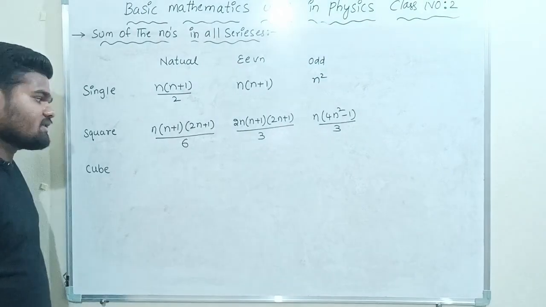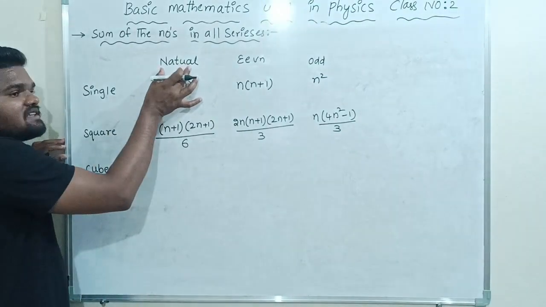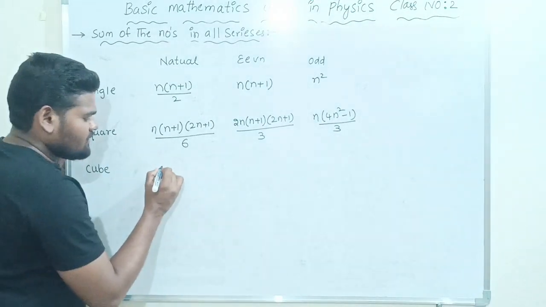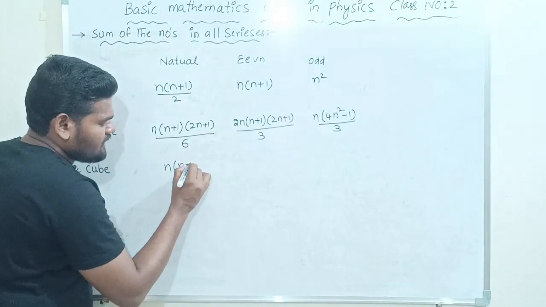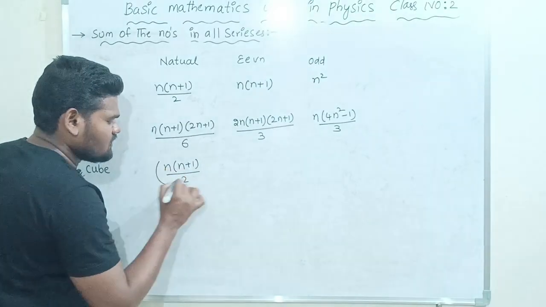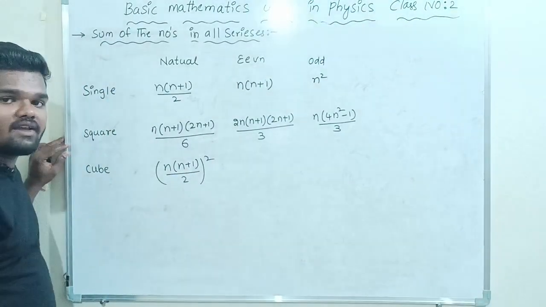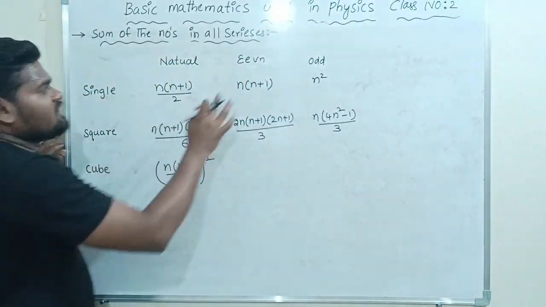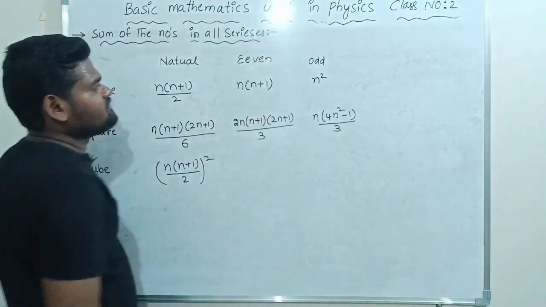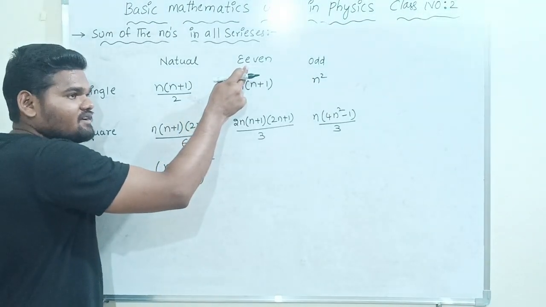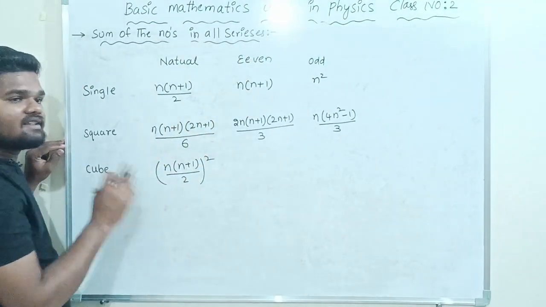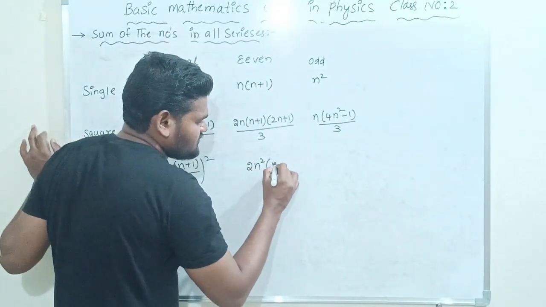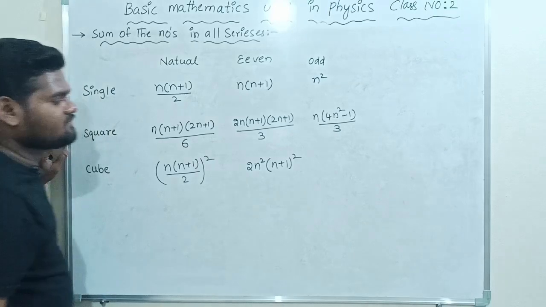Is it clear? Okay. If the numbers are natural and having the power cube, then their sum is given by n into n plus 1 by 2 whole square. If the numbers are even and having the power cube, then the sum of the series is given by 2n square into n plus 1 whole square.